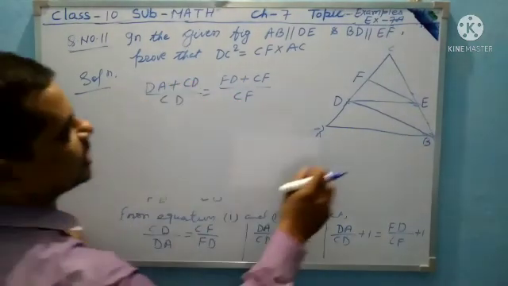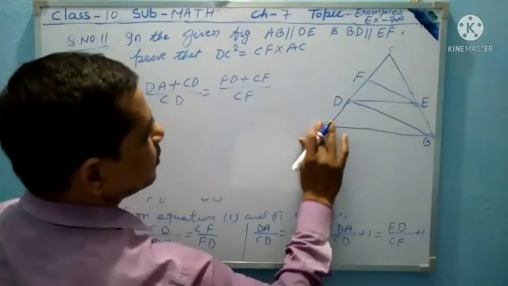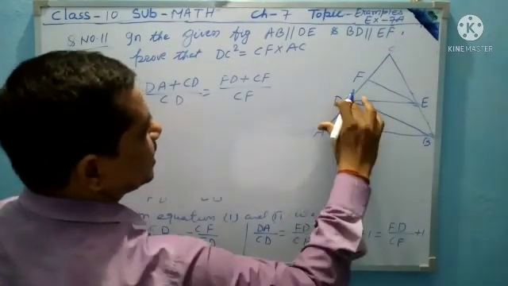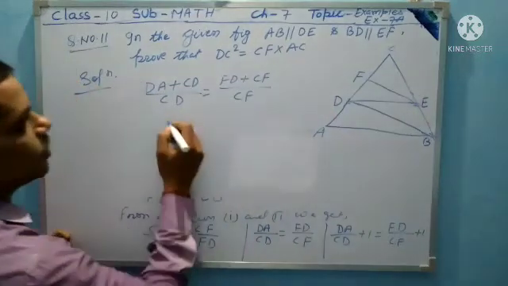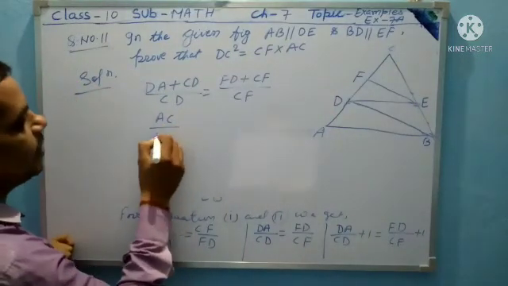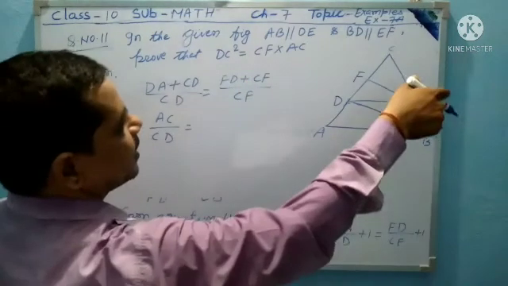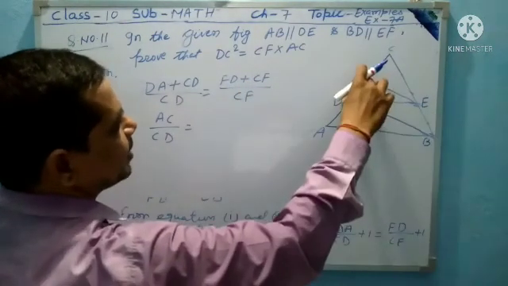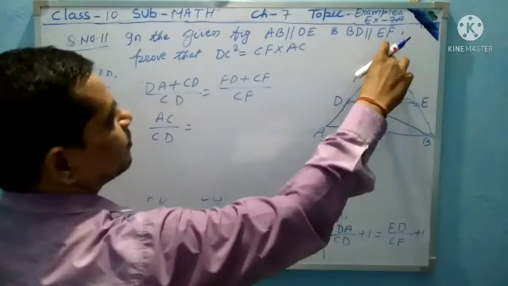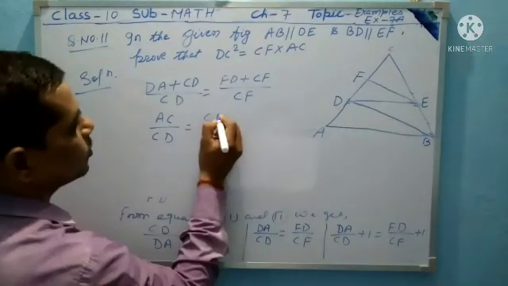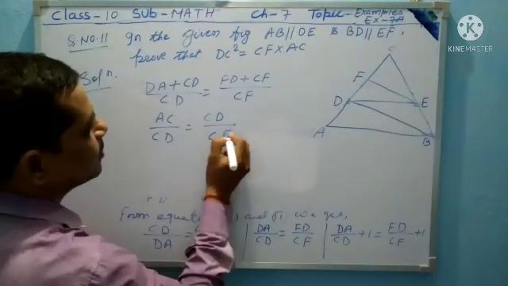DA plus CD is AC, so AC by CD is equal to FD plus CF, that is CD, divided by CF.